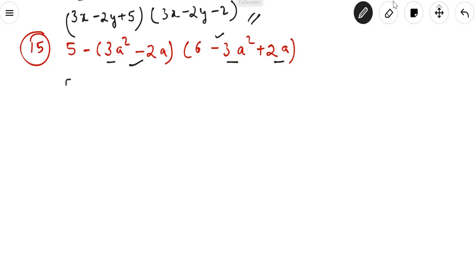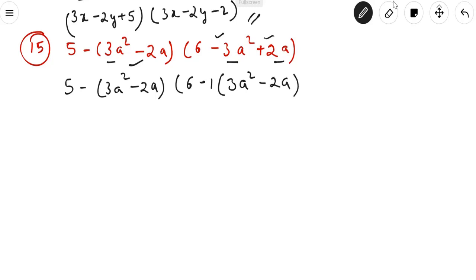I'll rewrite the equation: 5 minus, this one as it is, 3a square minus 2a. In this I'm going to take 6 minus 1. If I take minus 1 outside, this becomes 3a square, and as I have taken minus outside, this becomes minus, because minus into minus is plus. So this becomes minus 2a.